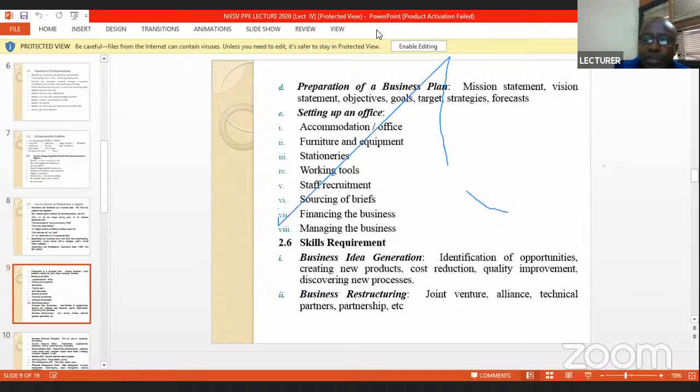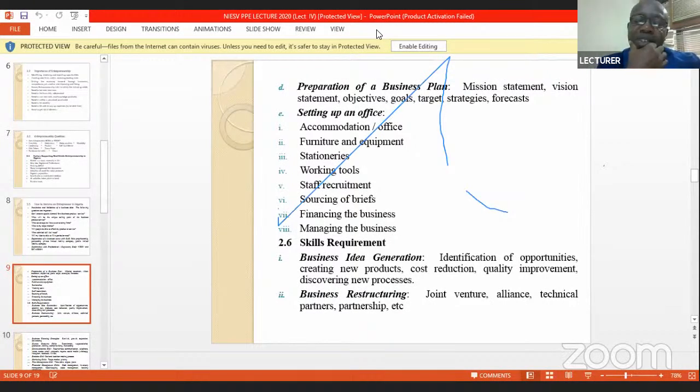Business restructuring. It is the duty of a good entrepreneur to restructure his business when he sees it's not working well. In Nigeria, a lot of people have been calling for restructuring. But those who are ingenious, our managers, are finding it difficult to accept that we need restructuring.